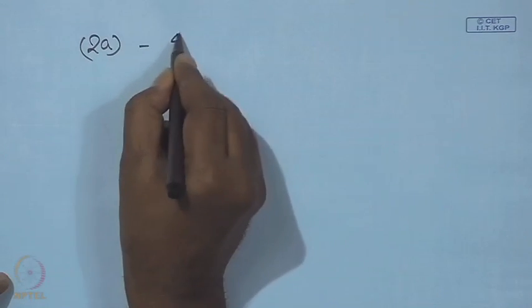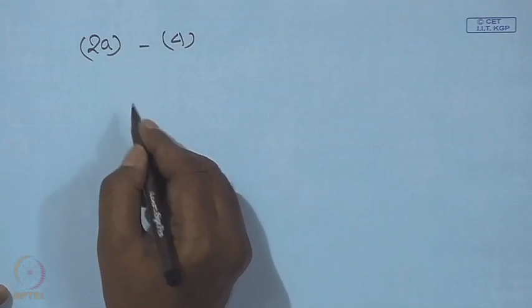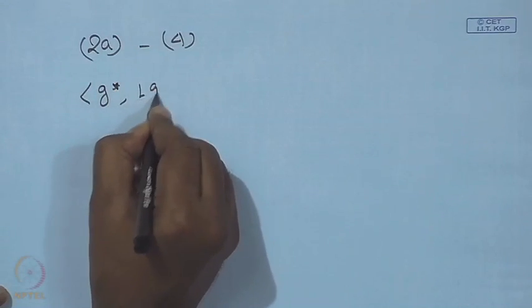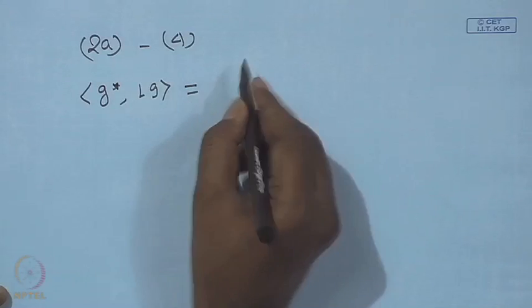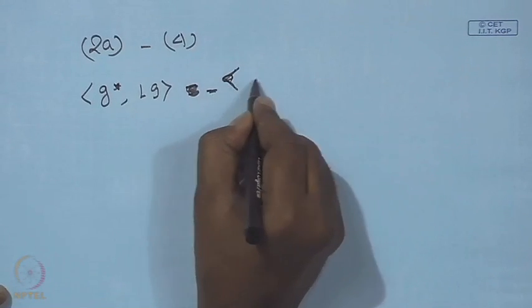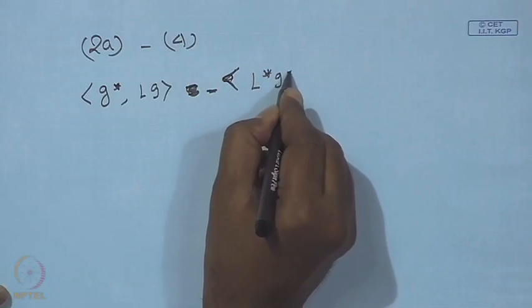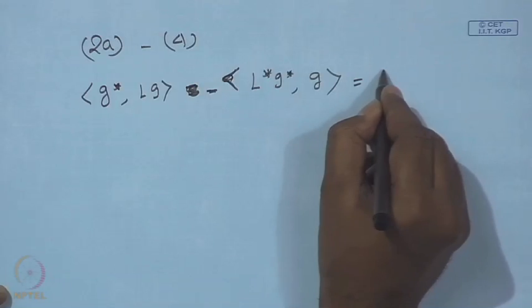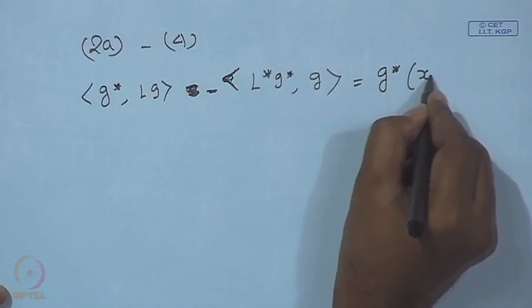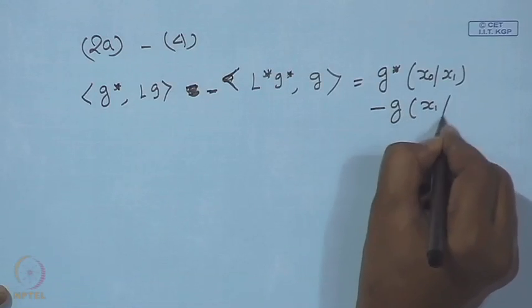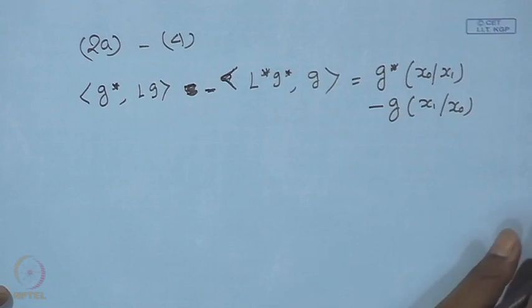If you subtract 2a minus 4, we will be getting the inner product of g* and L g minus the inner product of L* g* and g equal to g*(x0/x1) minus g(x1/x0).